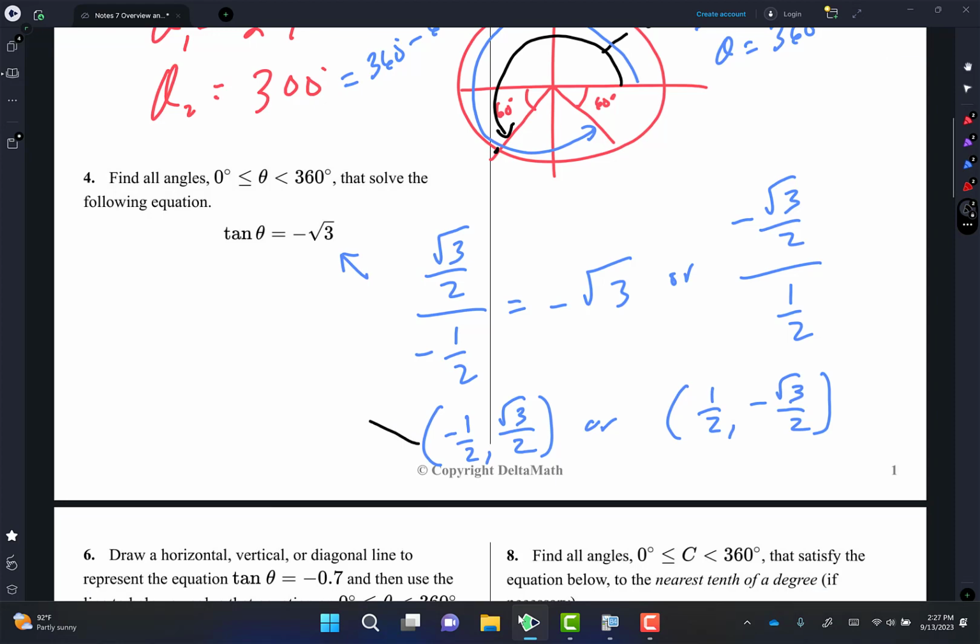So this one here in quadrant 2 is theta equals, where is my x value negative half and the y value square root of 3 over 2? Yeah, no, not 150. Sorry, it's 30 degrees away from the 90 degrees. 120. And there's another one in quadrant 4.